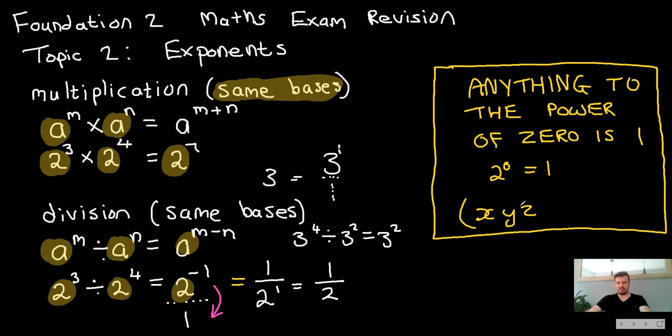If I was to have x to the 0, y, z, this x bit is the bit that's to the 0, and so it'll be 1 times y times z, right? So 1 yz, which is just yz. So we notice that the x to the 0 bit just becomes 1, and so 1 times yz is just yz. So anything to the power of 0 is 1.